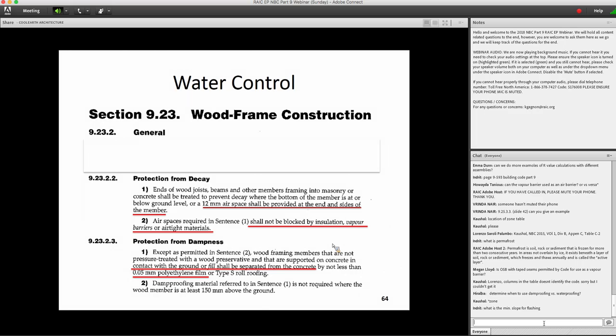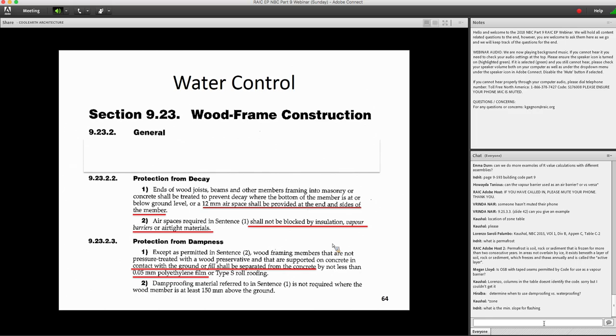What the code is telling you here is that if you have a wood member, you want to leave a little bit of a space and not touch directly to the side. So if you have some water getting into the assembly, it will not touch directly. And the second point, airspaces required shall not be blocked by insulation, vapor barriers, or airtight materials, because you want that water that might come up to dry out. So you don't want those things to connect or be touching one another.